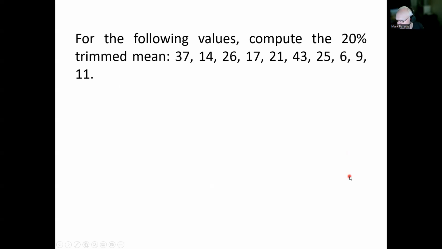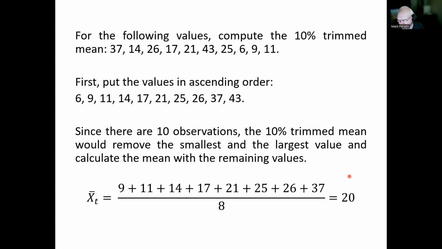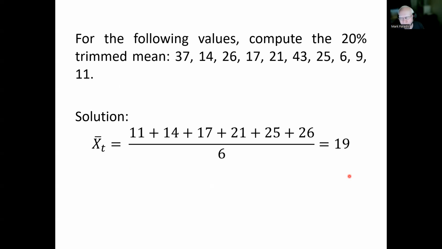Not terribly different in this case. See, the 10% trim mean was 20, the 20% trim mean was 19. That's good when they're similar, right? We're more comfortable when they end up being similar, because it gives us a little bit more confidence that whichever choice we make, there's not necessarily a wrong answer. We'd start getting a little bit nervous if, say, the 10% trim mean and the 20% trim mean varied considerably, or if the mean, the 10% trim mean, the 20% trim mean, and the median are all vastly different values.